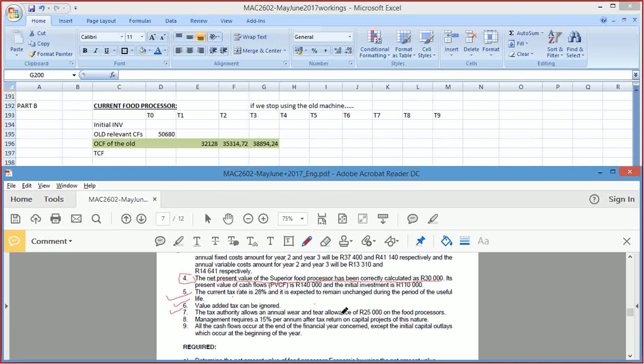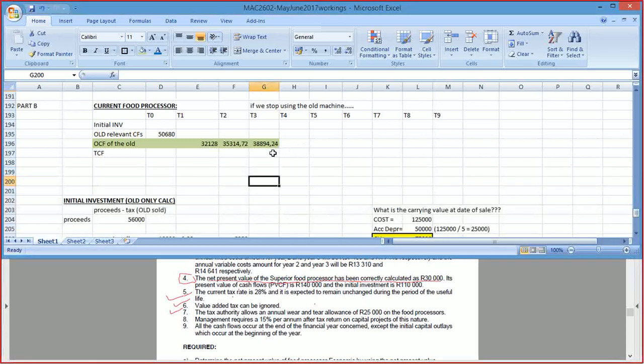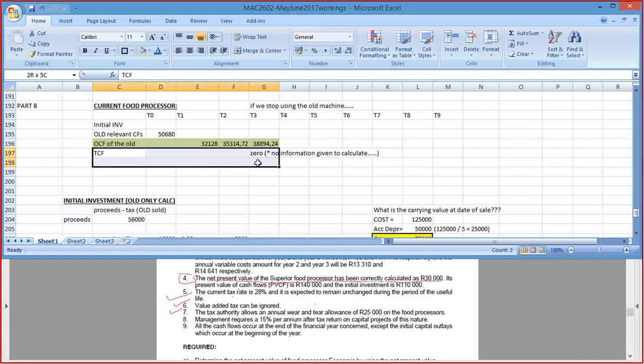Yeah, that's it. They didn't talk about the TCF here. So I would assume that the value of the asset would be worth 0. Asterisk, no information given. You can't calculate it if there's no information in the question, so I would just assume 0 here.